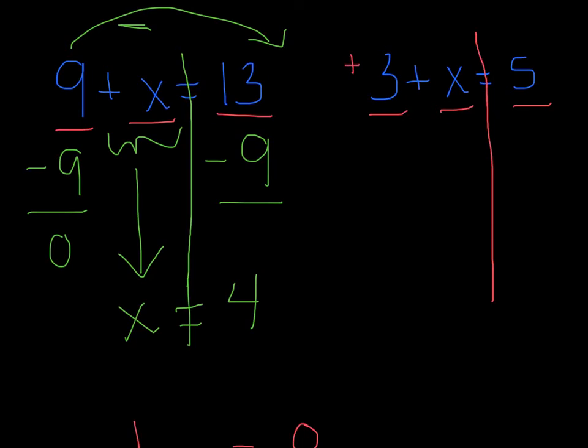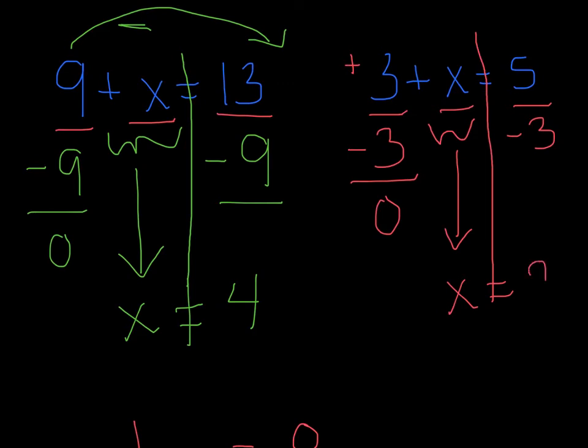So the opposite of a positive 3 is a negative 3. So 3 minus 3 is going to give me 0. This was not affected, so I bring it down. X is going to equal 5 minus 3, which is 2.